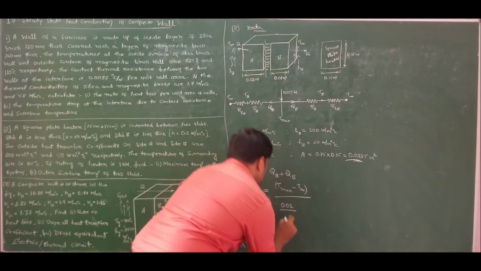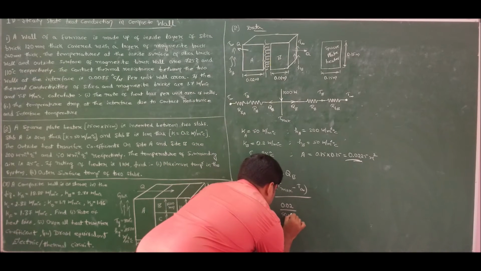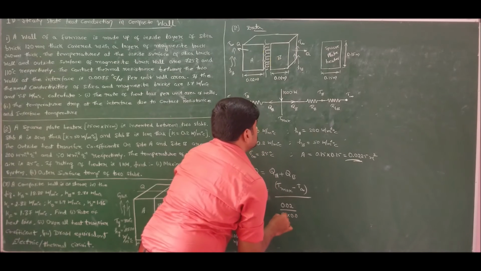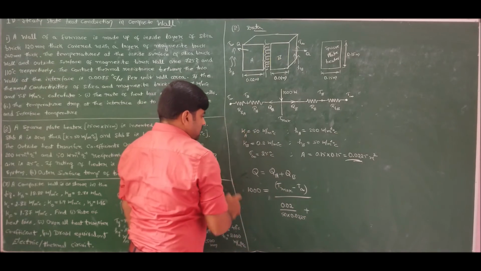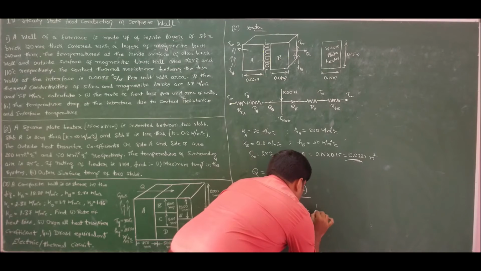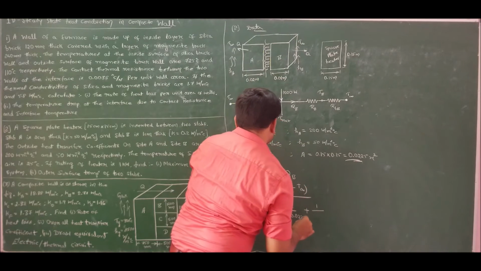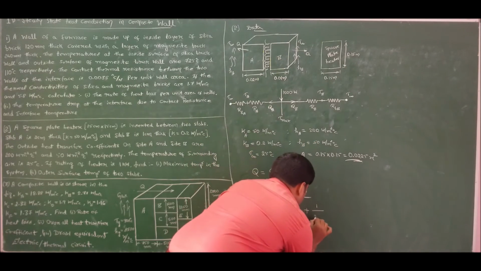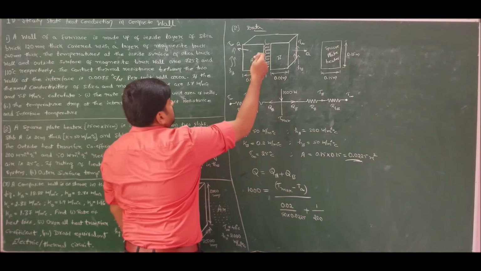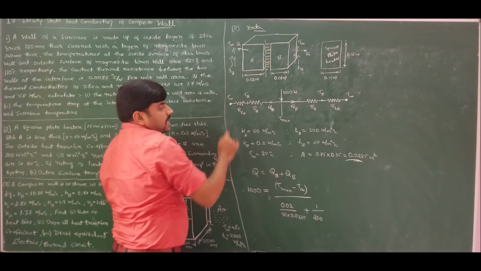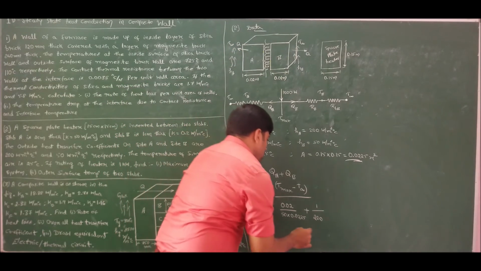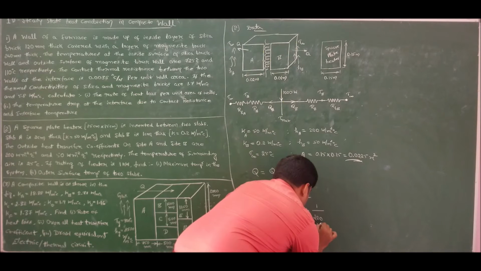Thermal conductivity of A is 50 into area 0.0225, plus we have RHA. RHA is because of convection, it is 1 by HA into area. HA is 200. If you observe here, the cross sectional area and the surface area in contact with the atmosphere are the same. So therefore I have area as 0.0225.